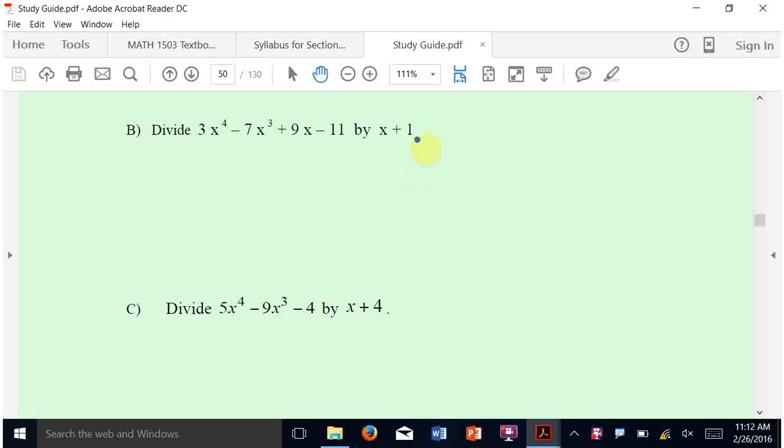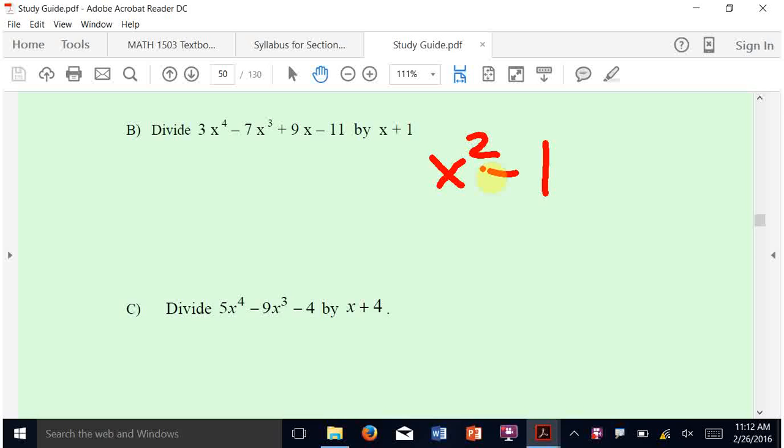So it's important to note when you can and cannot use synthetic division. Here you can use it, but you couldn't use it, for example, if you had a divisor with a degree greater than 1, as in 2 or larger.